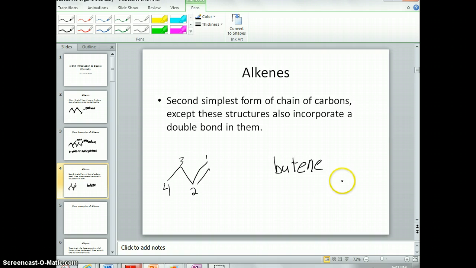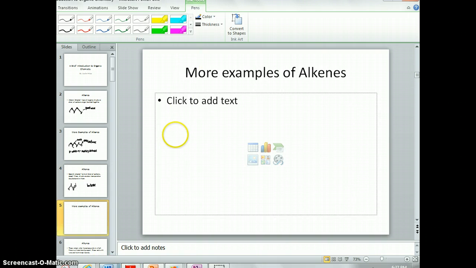All right, simple stuff. Let's take a look at some more. What happens when the double bond is not at the beginning? Well, let's draw this one out here. Now, we always want to start numbering from the end closest to the branch.